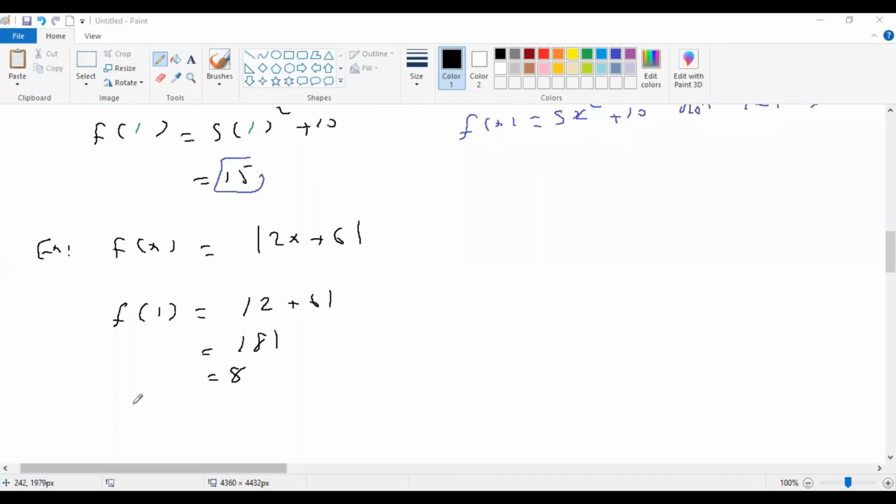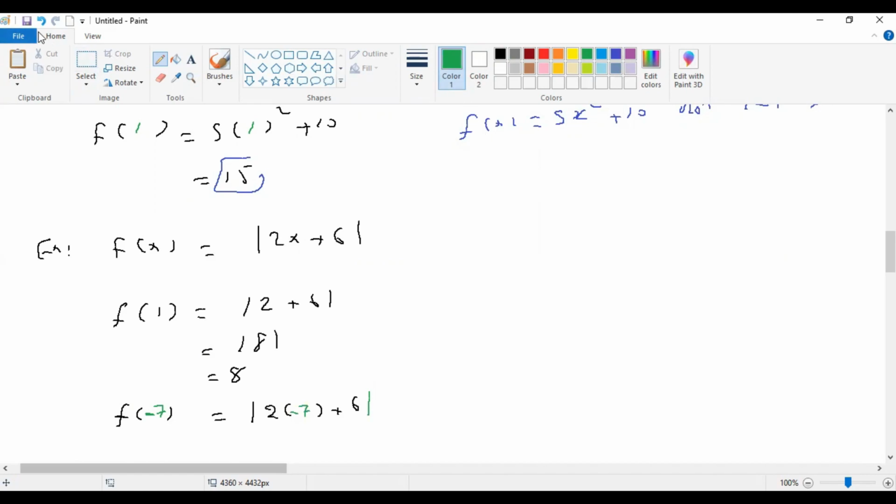Now let us say f of -7, which is the absolute value of 2 times -7 plus 6.